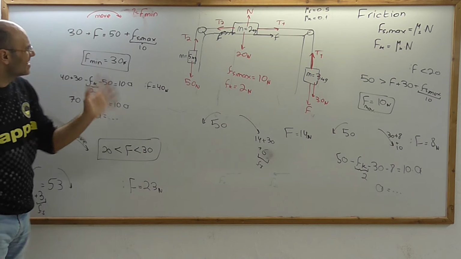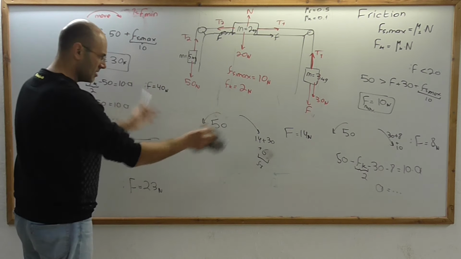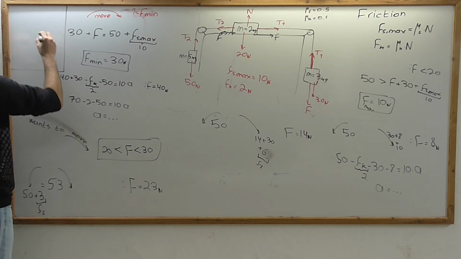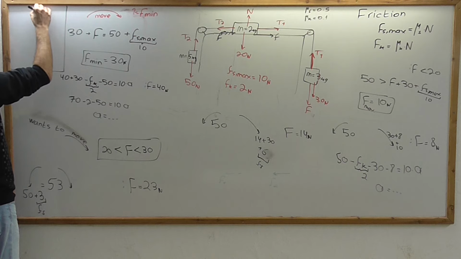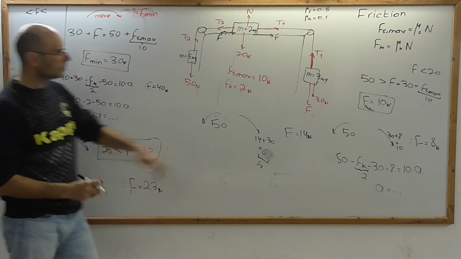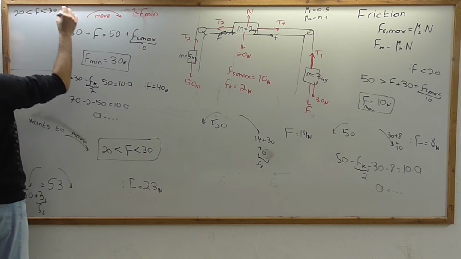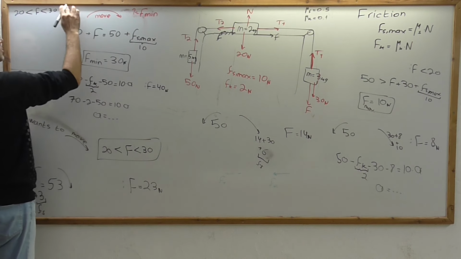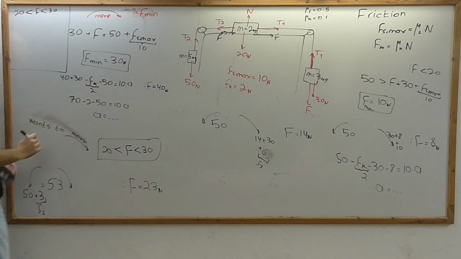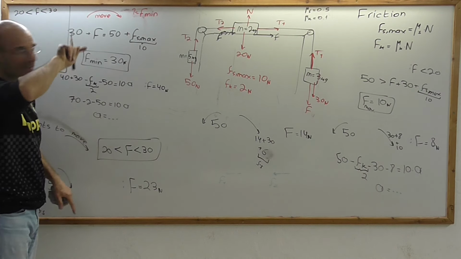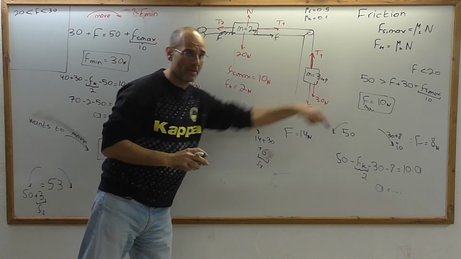So let's sum up all this exercise again. If F is between 20 to 30, what will happen to the system? It won't move, but the tendency to move will be that way.